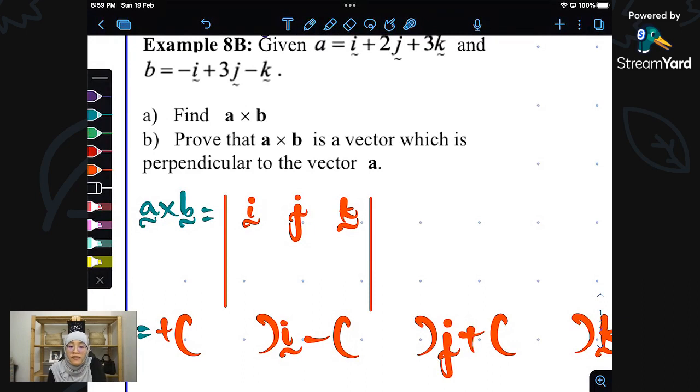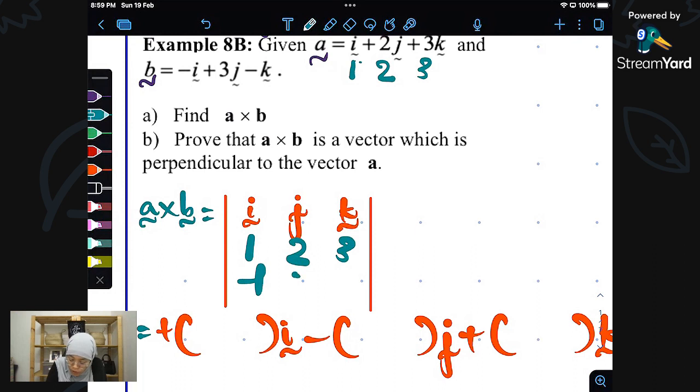Example here, given the A vector, which is I plus 2J plus 3K, and then B vector is equal to negative I plus 3J minus K, and then find the A cross B. So let's solve this one, A cross B. Sum in the value 1, 2, 3. And then here is negative 1, 3, negative 1.